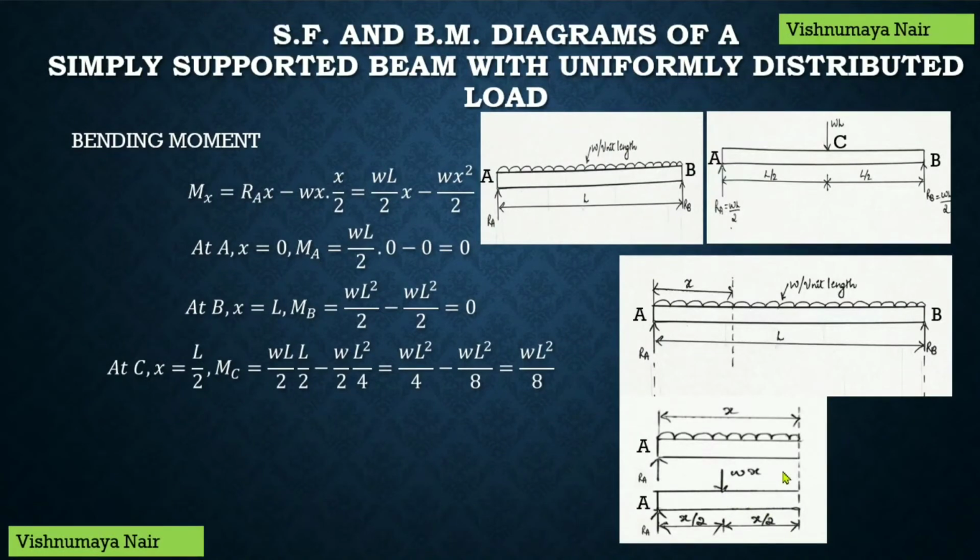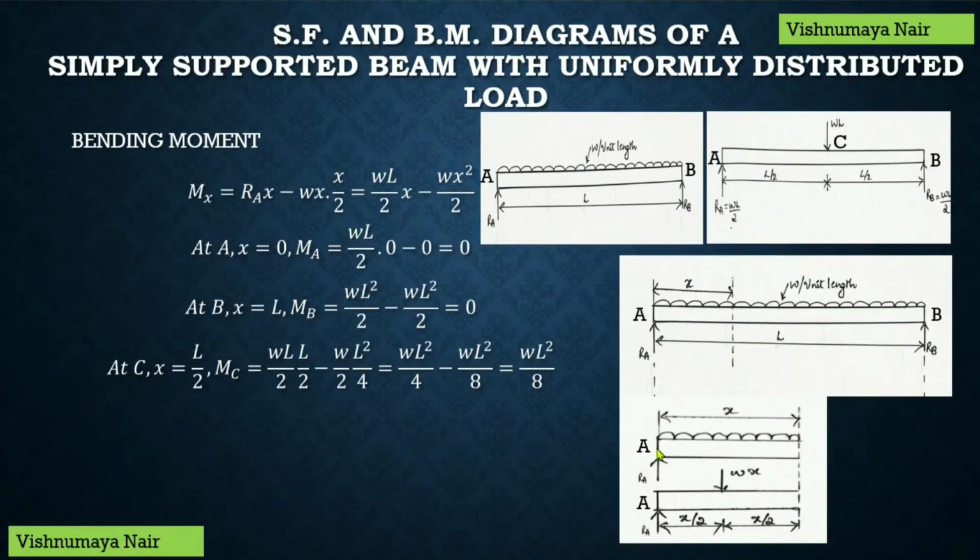So, Wx into x by 2 will be the moment at this section due to the point load Wx, and it will be negative. Therefore, the resultant bending moment will be equal to Ra into x minus Wx into x by 2. So, it will be equal to WL by 2 into x minus Wx square by 2.